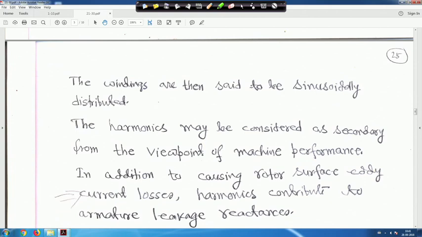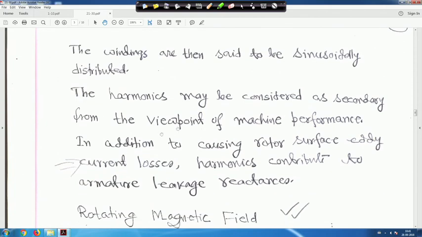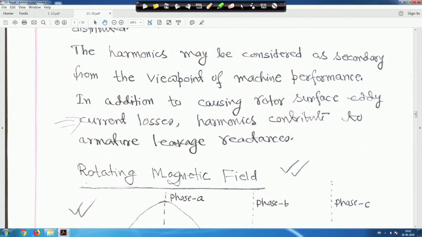The harmonics may be considered as secondary from the viewpoint of machine performance. In this course, we will not study harmonics and other things, but in the beginning, something we have to discuss, right? In addition to causing rotor surface eddy current losses, harmonics contribute to armature leakage reactance also, right?